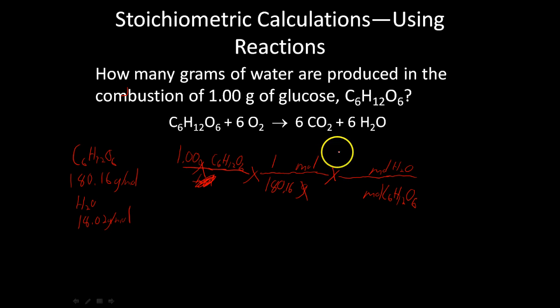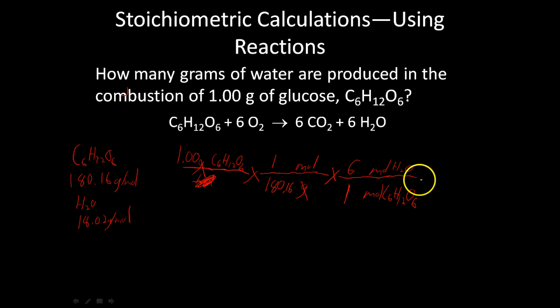Okay, so we have that. Now what coefficient, what do we put in here for the actual numbers? We put the coefficients from the balanced chemical equation. So we put a 1 here, because there's understood to be a 1 there, and a 6 here.